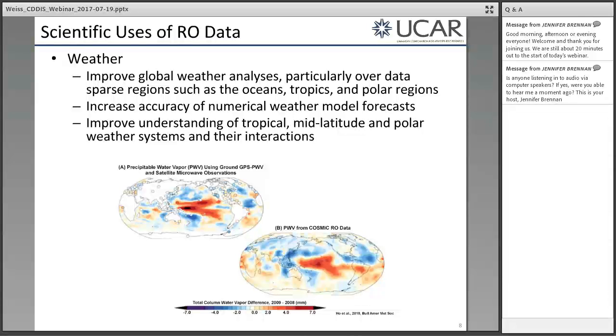The technique has been demonstrated to improve numerical weather forecasts in various studies. I'll have a couple of examples later. And it's been very useful to look at tropical events, extreme weather events, and interactions between weather systems around the world.